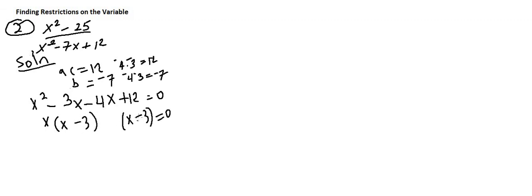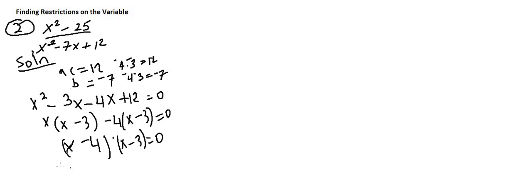Here I'm looking for a number. When I multiply, I'll get the top, which is minus 4. So x minus 4 and x minus 3 equal to 0.